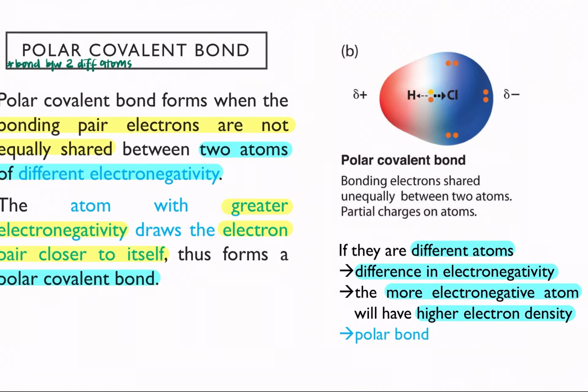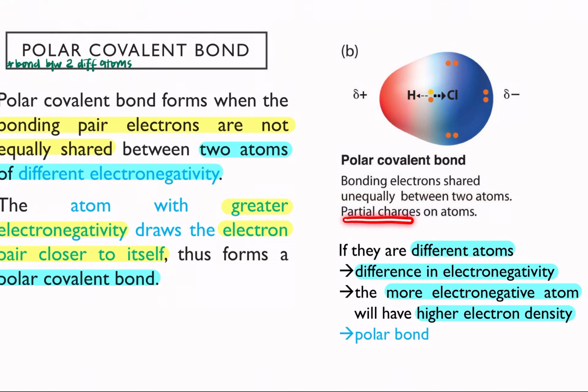So if you look on your right, we have HCl. So obviously hydrogen is less electronegative compared to chlorine. Okay, chlorine will actually pull more of the electron density towards itself compared to hydrogen. Okay, so in your polar covalent bond, the bonding electrons are shared unequally between the two atoms.